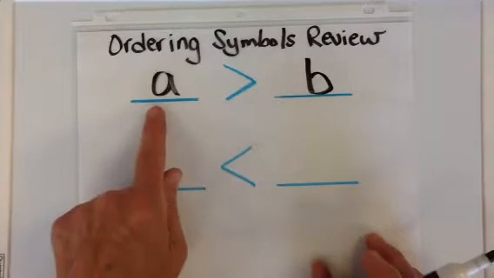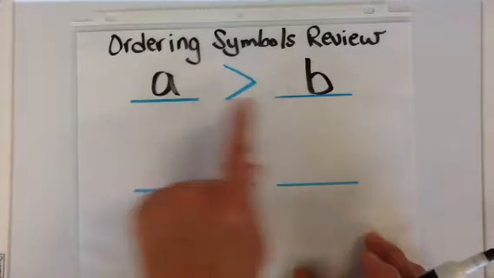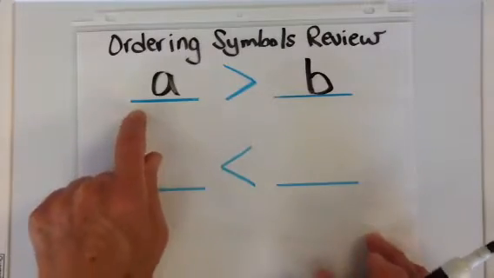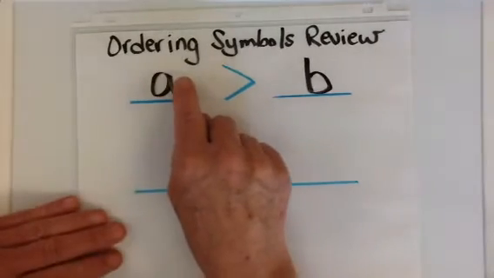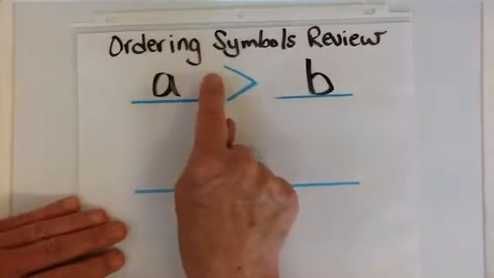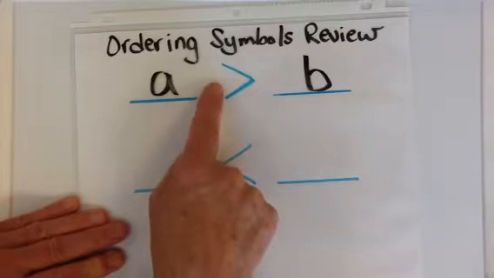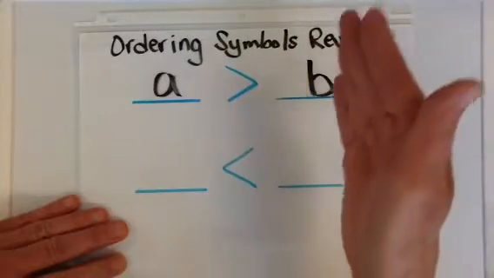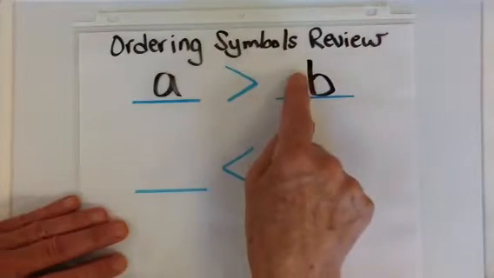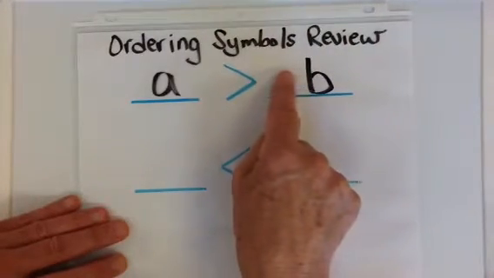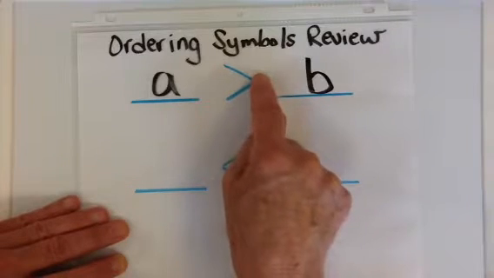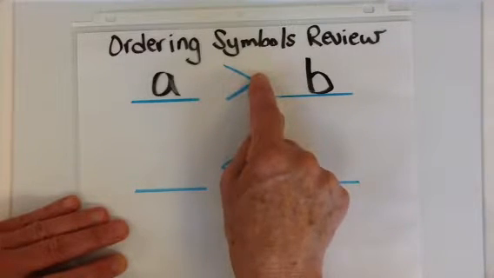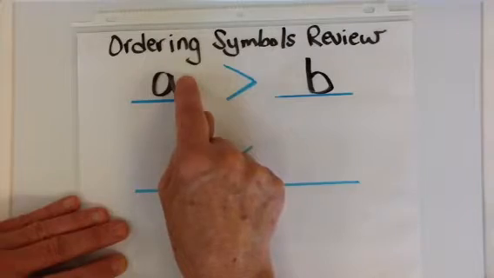And I want us to read this expression from left to right and then from right to left. All right, so you would say A is greater than B. Or, reading it from right to left, you would say B first, drag your finger to the left, you hit the pointy end, so you would say less than A.